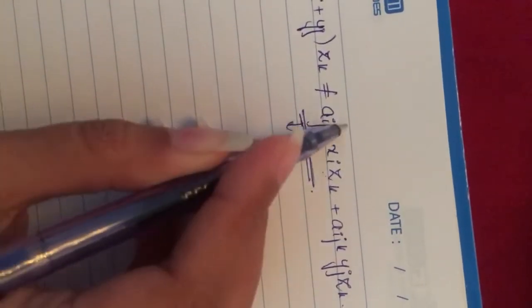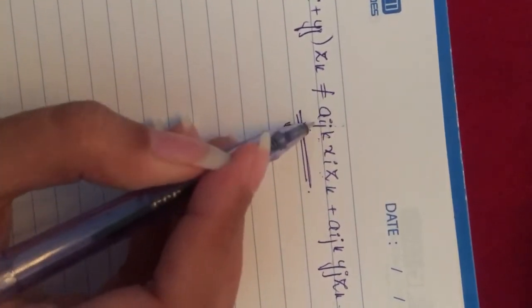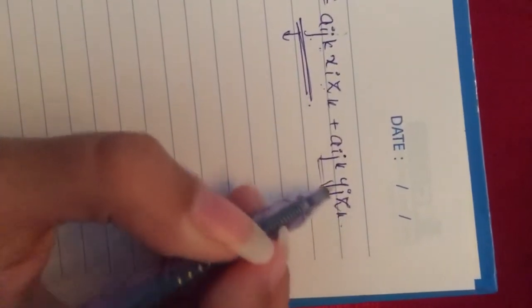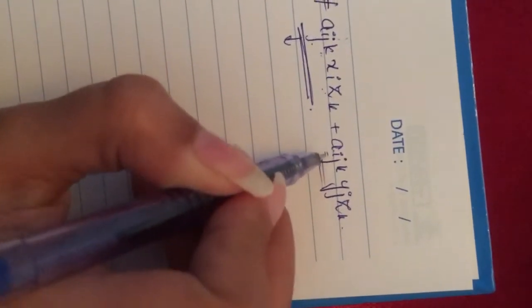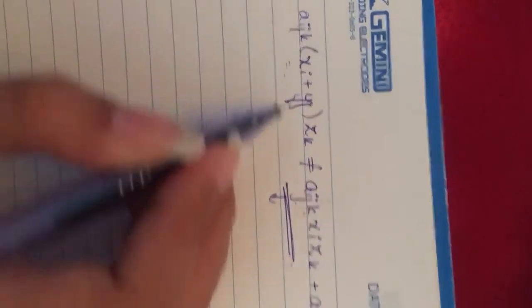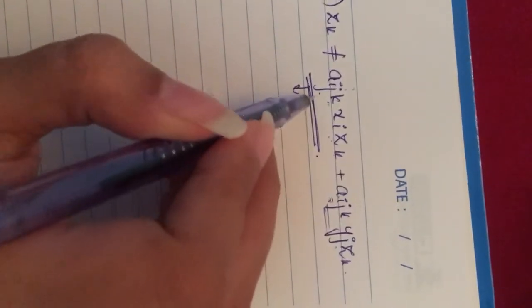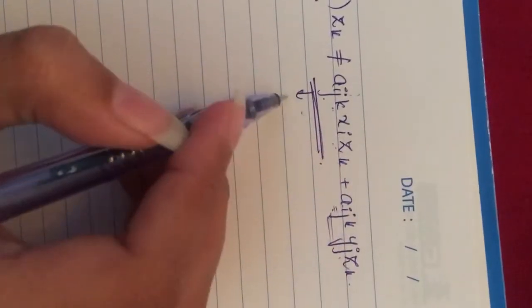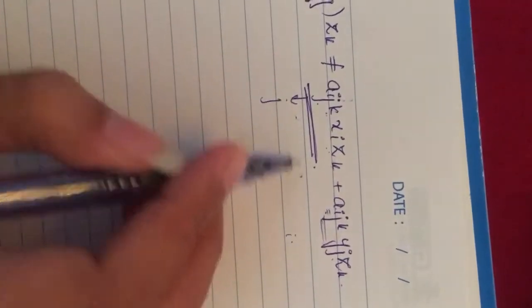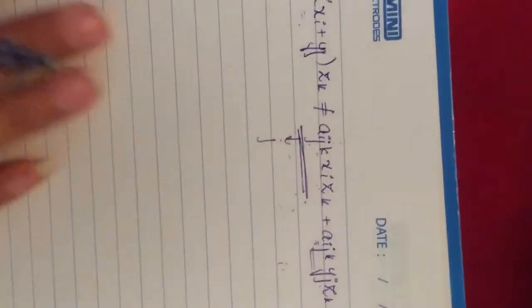In the other term I have only i as a free index. So on the left side there are no free indices, but on the right side I have two free indices, first j and second i. So both sides are not equal. I prove it generally like this.